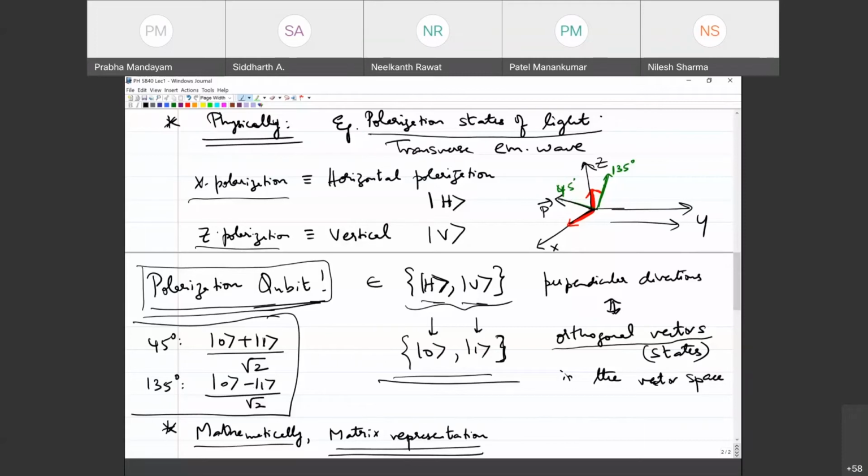So when you make these superpositions, you are indeed allowed to make complex superpositions. It is not true that with a polarization qubit I can only make real superpositions. The physics very much allows these complex phases and superpositions. So that's the answer to your question.